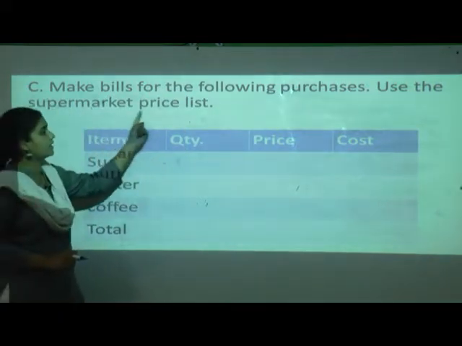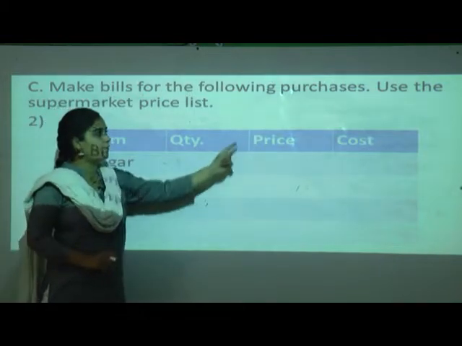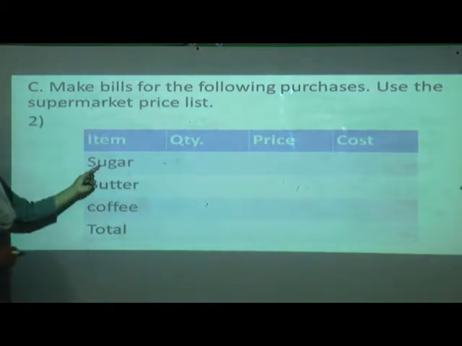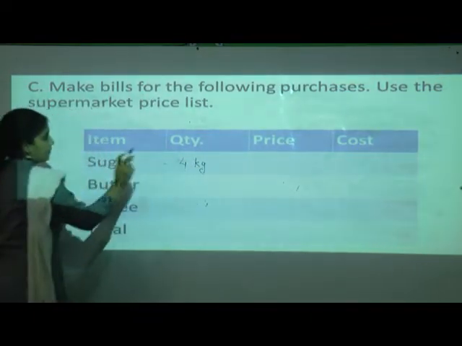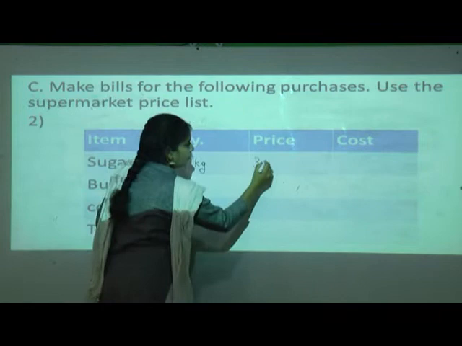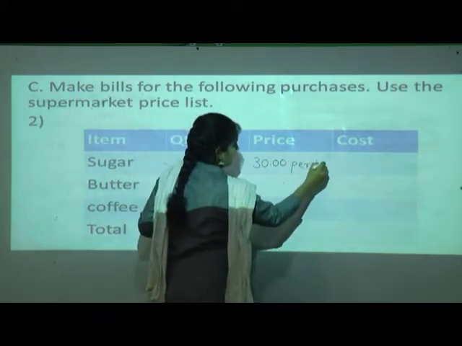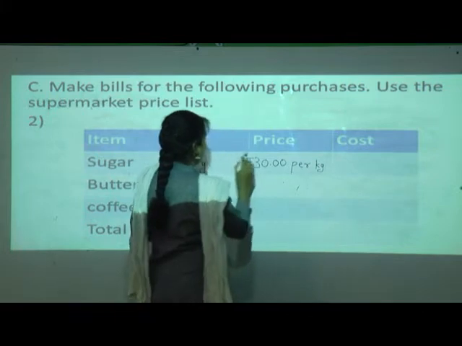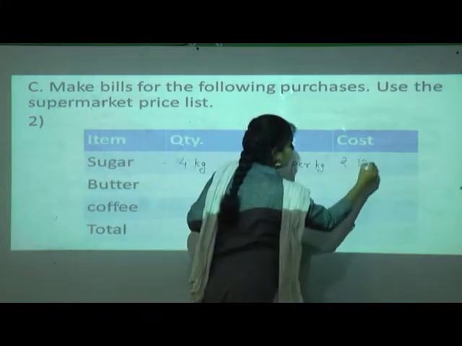Use the supermarket price list. Here items, quantity, price and cost. Sugar, here 4 kg, isn't it? And the price of the sugar is 30 rupees per kg. Okay. And the answer is rupees 120.